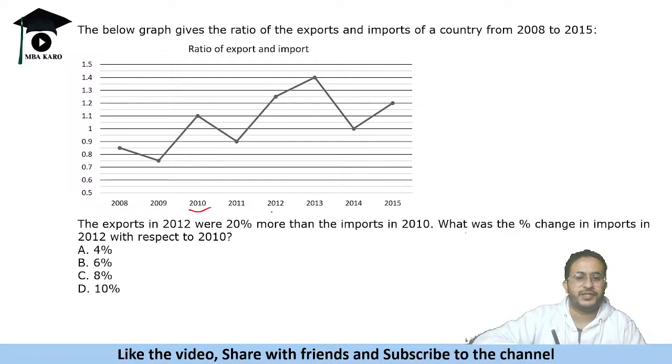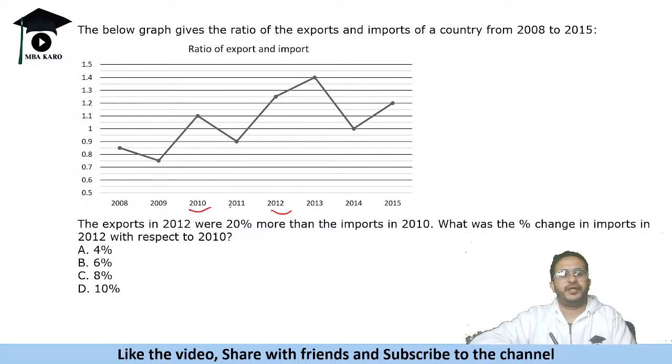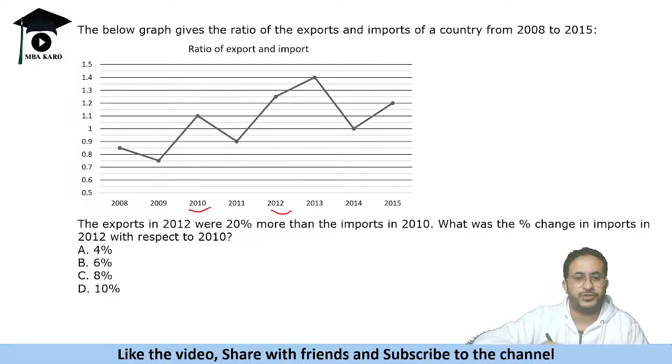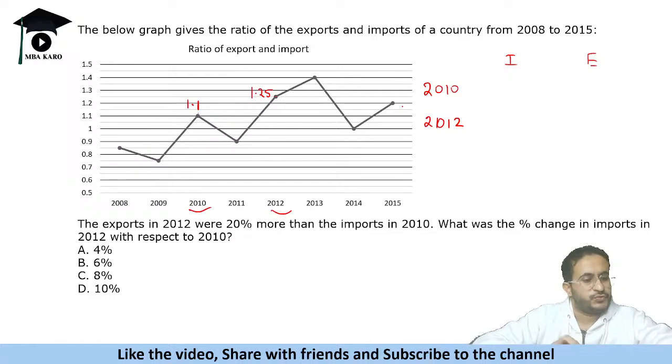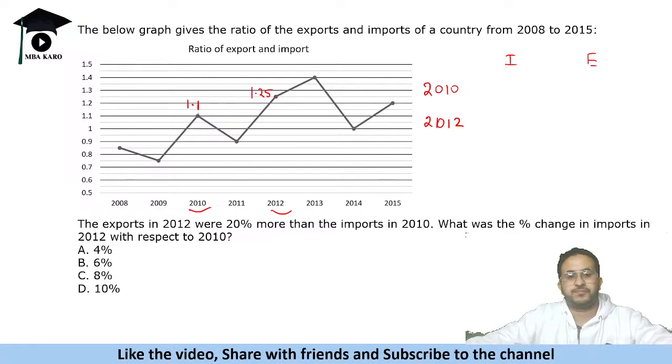So 2010 and 12, you need to find the percentage change in imports. 1.1 is here and it is 1.25. Use the same rationale that we used in the previous question and tell the answer.